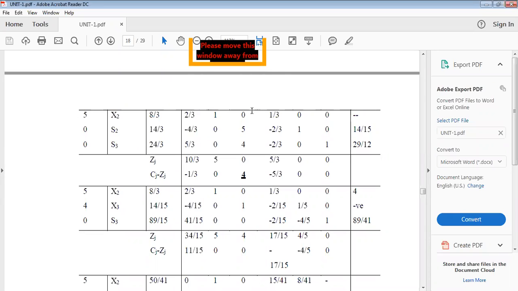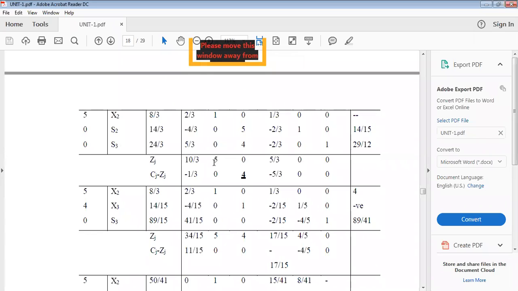Again, 5 into 0, 0. 0 into 1 plus 0 into 0, you will get only 0. Similarly, 5 into 0, 0 into 0, 0 into 1. Like that, you will also get 0 here. So like that, ZJ has to be calculated. You got this particular thing.